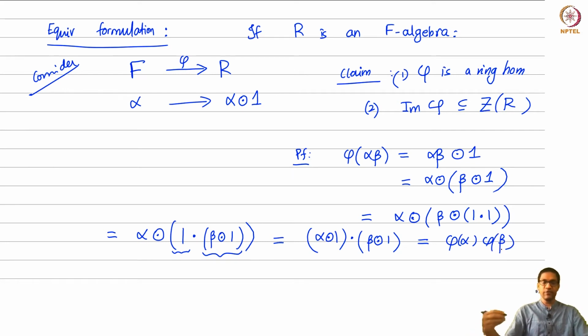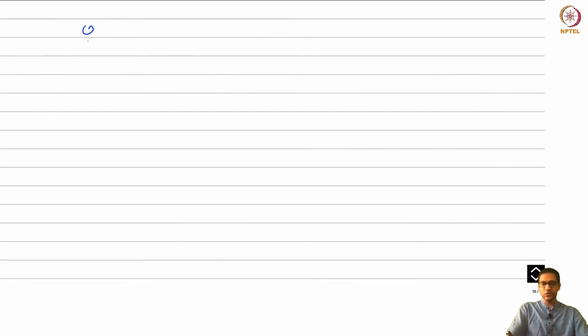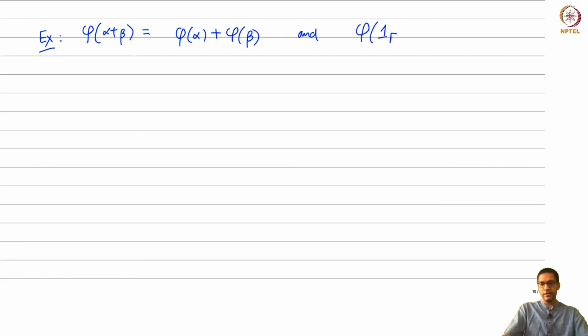You have to check phi of alpha plus beta similarly, so let me leave that as an exercise. And the unit element of the field maps to the identity of the ring, which is the easy part. So it's a ring homomorphism.